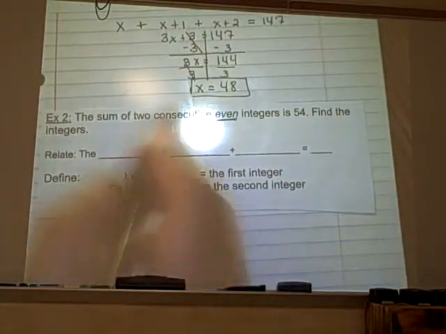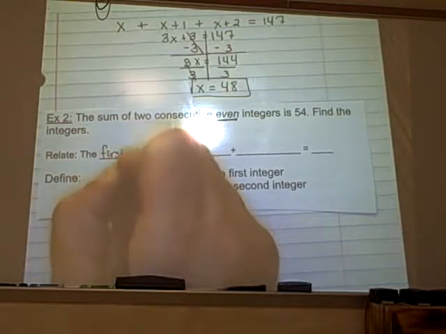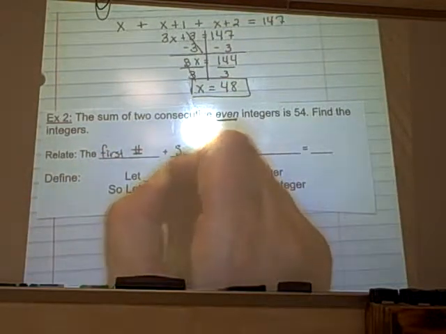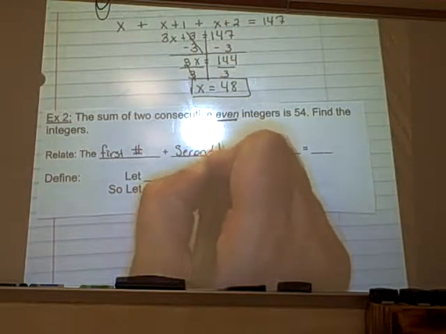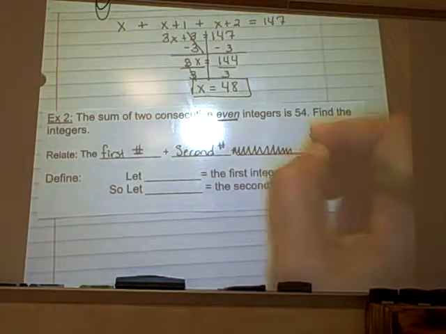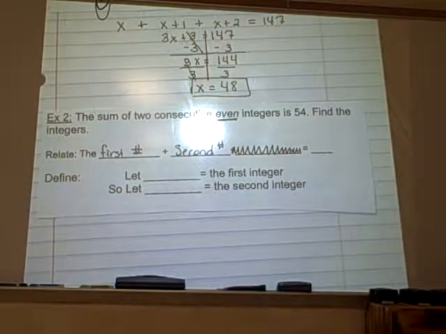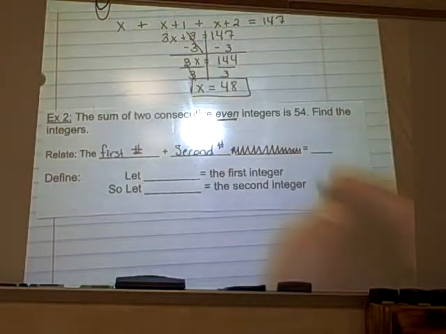All right, so let's go ahead and figure this out. The first number plus the second number. Whoops. Should not have a third number. Get rid of that. There's only 2. The first number plus the second number should equal what? 54.